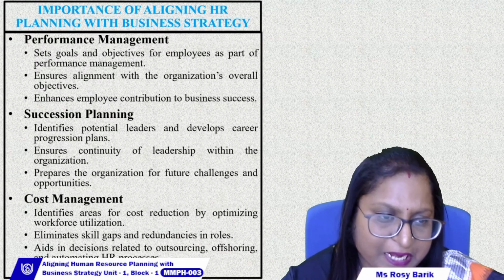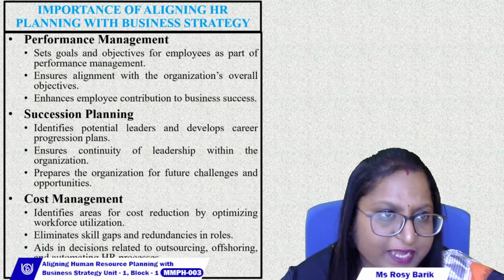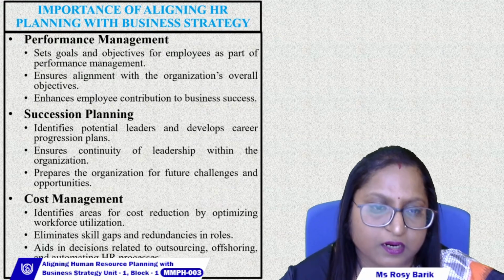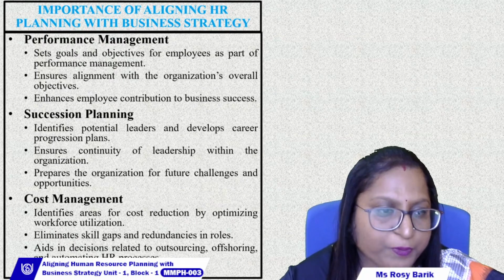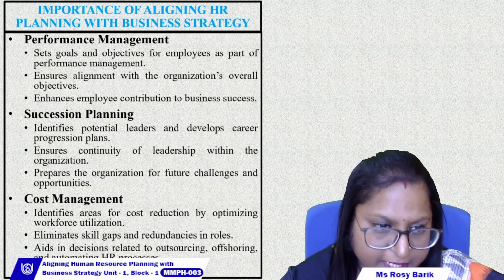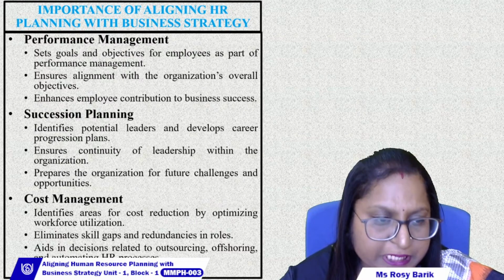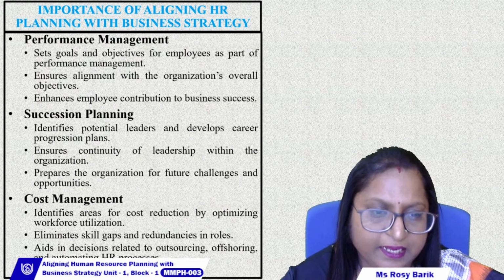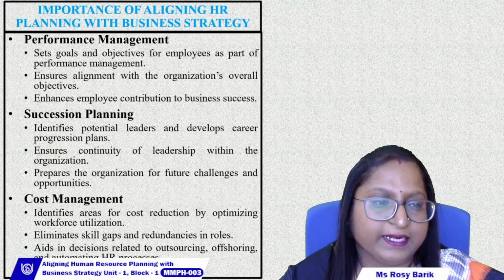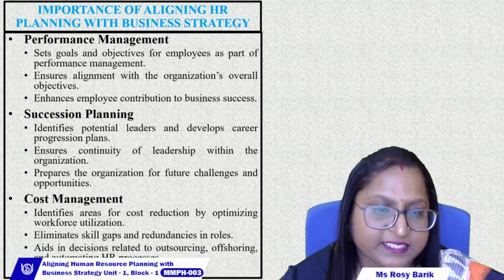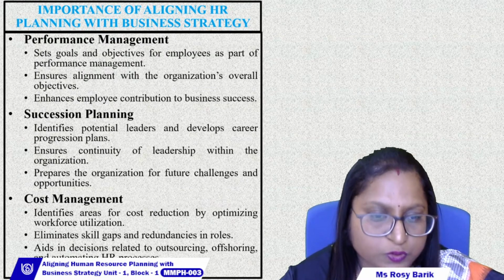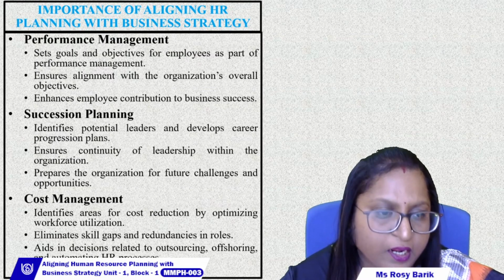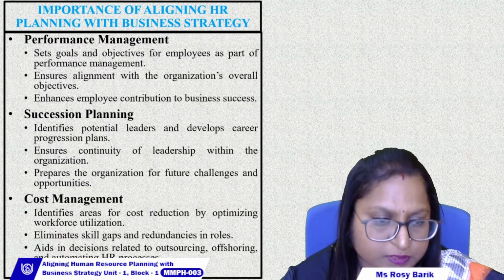Now comes to cost management. It identifies the areas for cost reduction by optimizing workforce utilization. It helps in eliminating skill gaps and redundancy in roles. It aids in decisions related to outsourcing, offshoring, and automating HR processes.